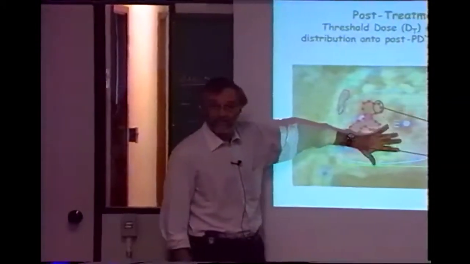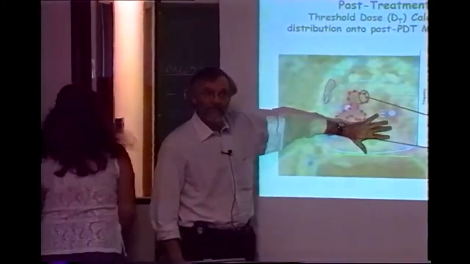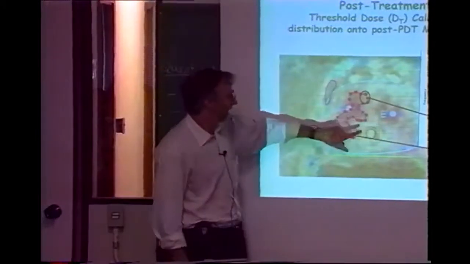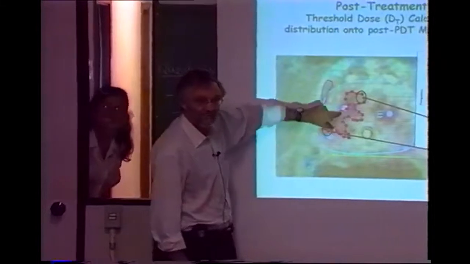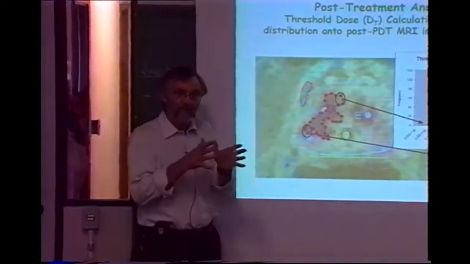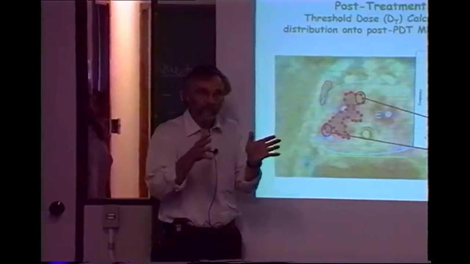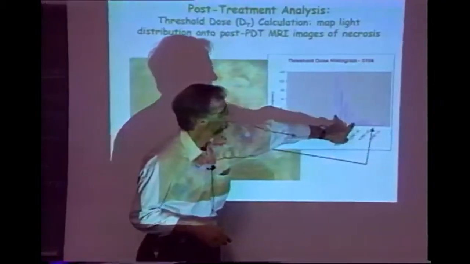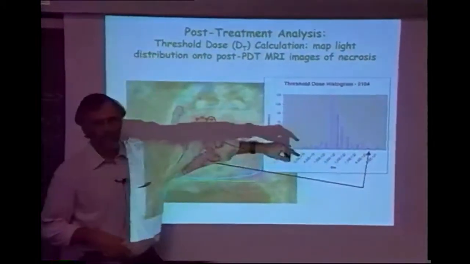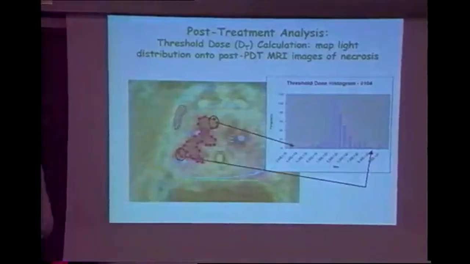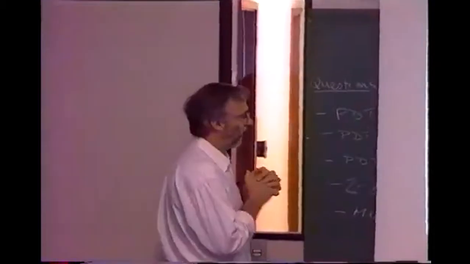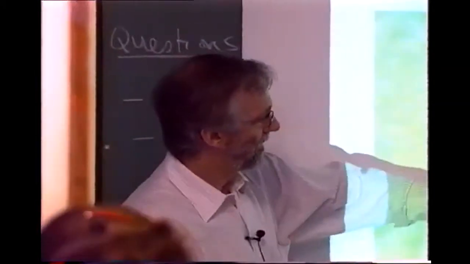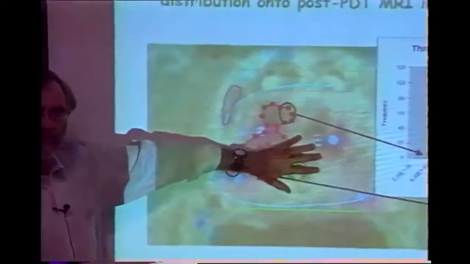So within this single organ, it is true that there is a threshold value, but in fact the threshold varies by a factor of 10 or a factor of 100. You might think this is surprising. These patients actually are patients who've had previous radiation.